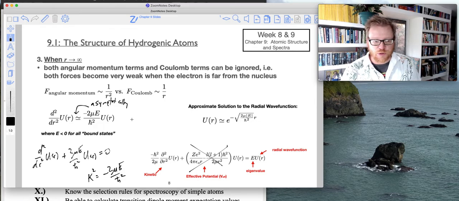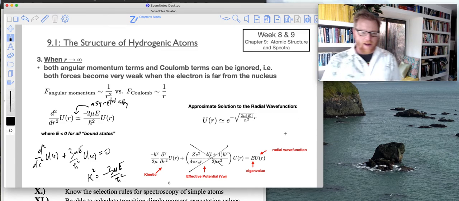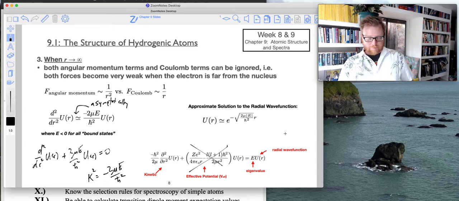It's going to have real solutions because E already is negative. And because that has a real solution, our term just becomes this simple e to the negative kr, okay? And the reason why we just have the negative term and not the positive root is because of that asymptotic limit, okay?